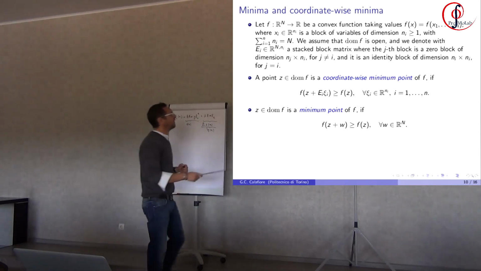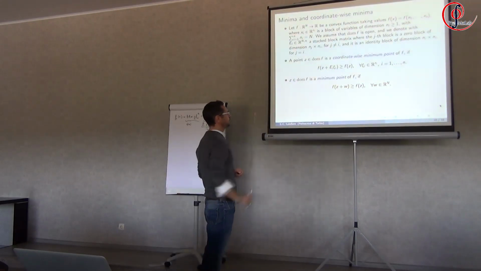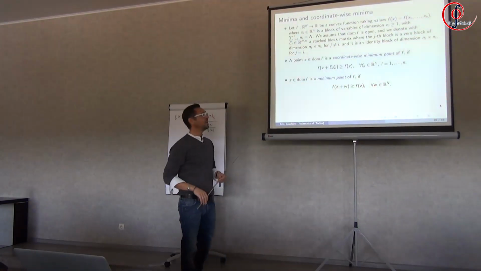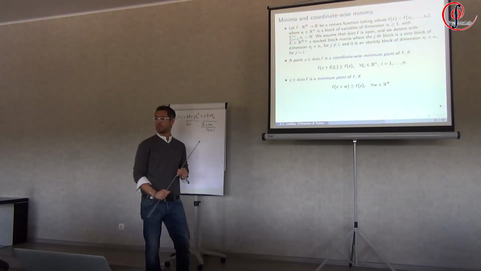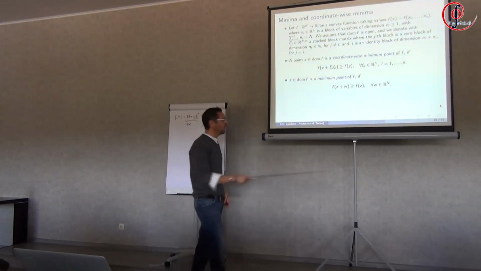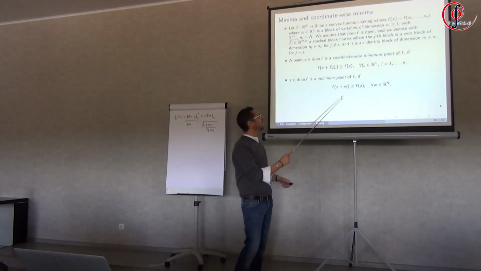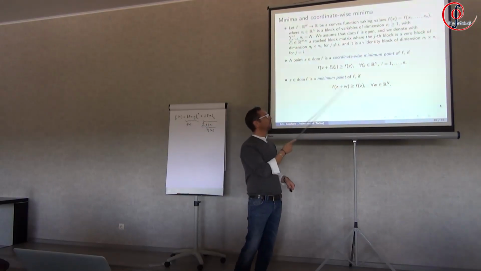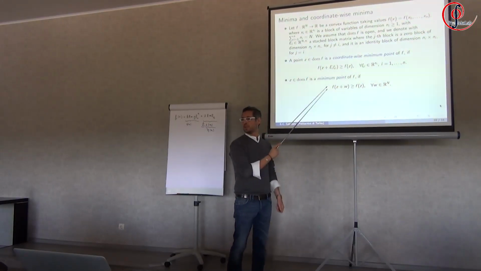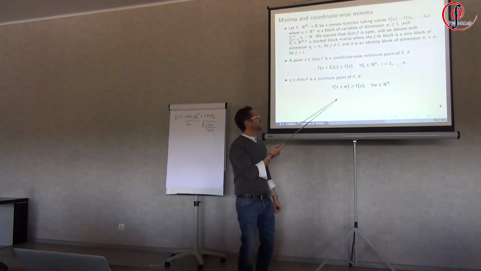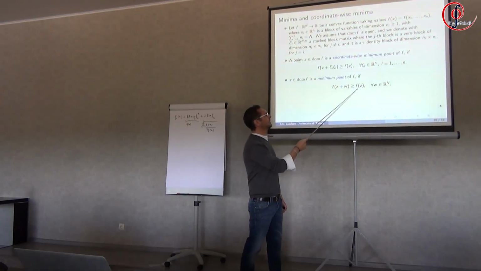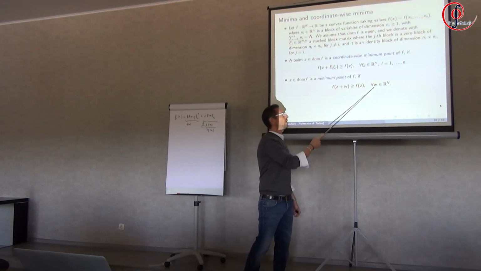So for a function, of course we have a standard definition of what is a minimum point, a global minimum point for a function. But we can write things in this way. We can say that z is a minimum point of f whenever f(z + w) is greater than or equal to f(z) for all w.